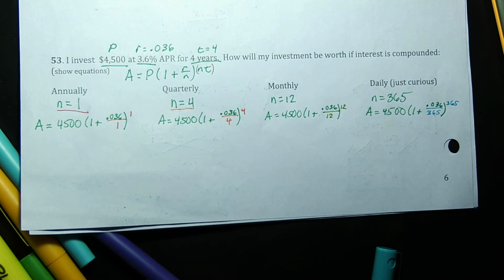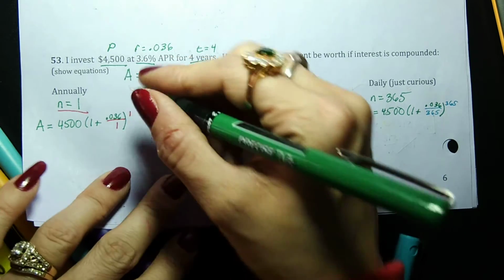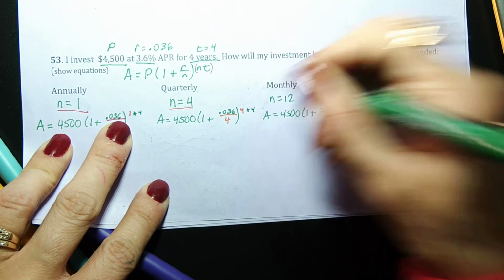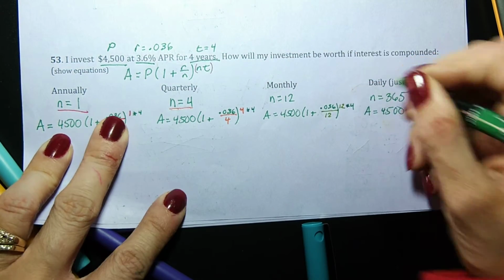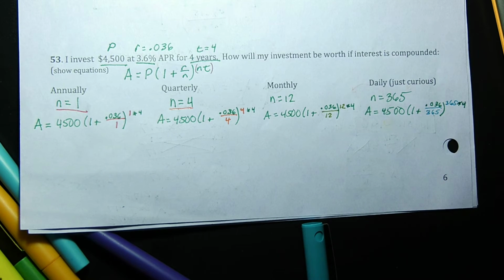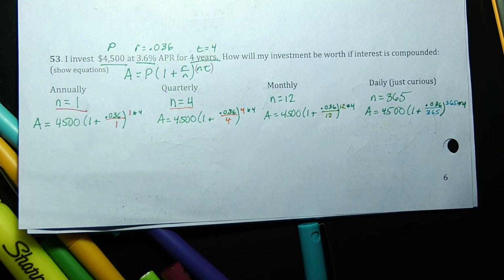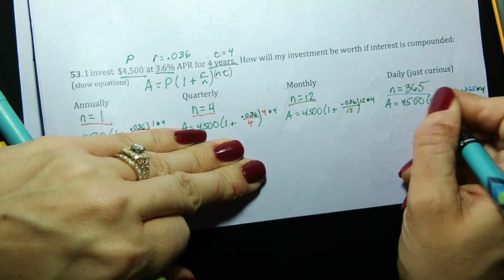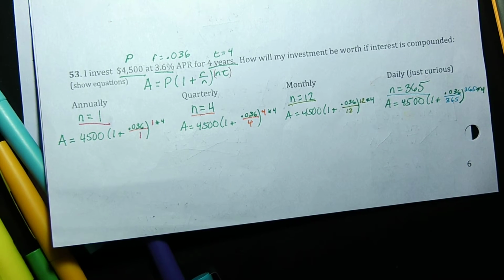But then don't forget, we have to multiply by t up with that exponent as well. And the t is 4 for all of these. So times 4, times 4, times 4, times 4. So the only thing that is changing is how often the interest gets compounded. The more often it's compounded, the more interest you are going to get.